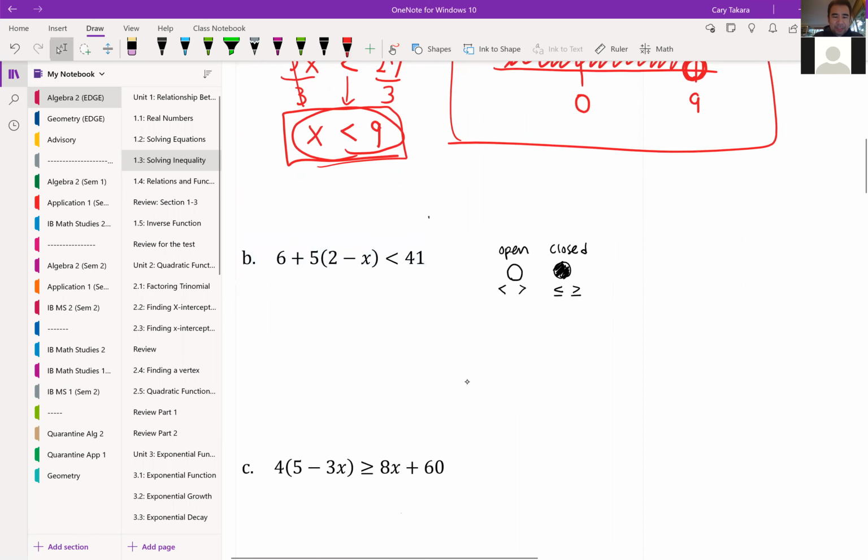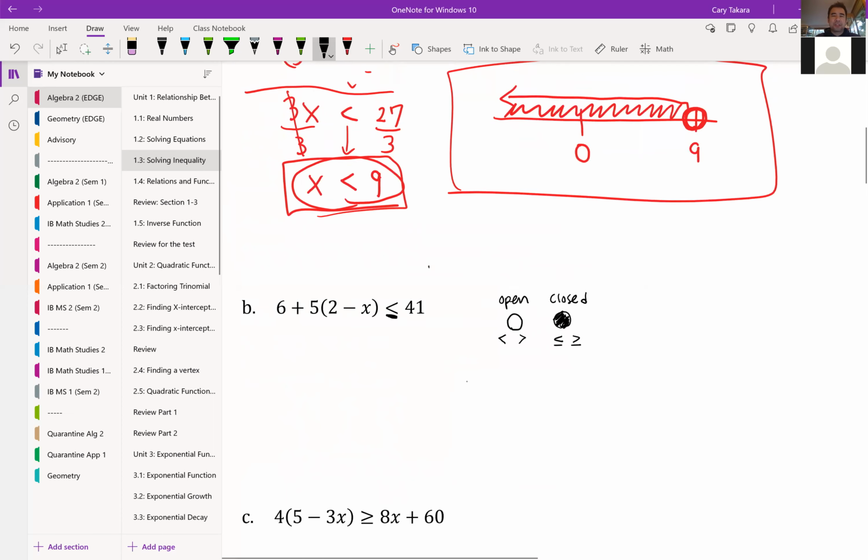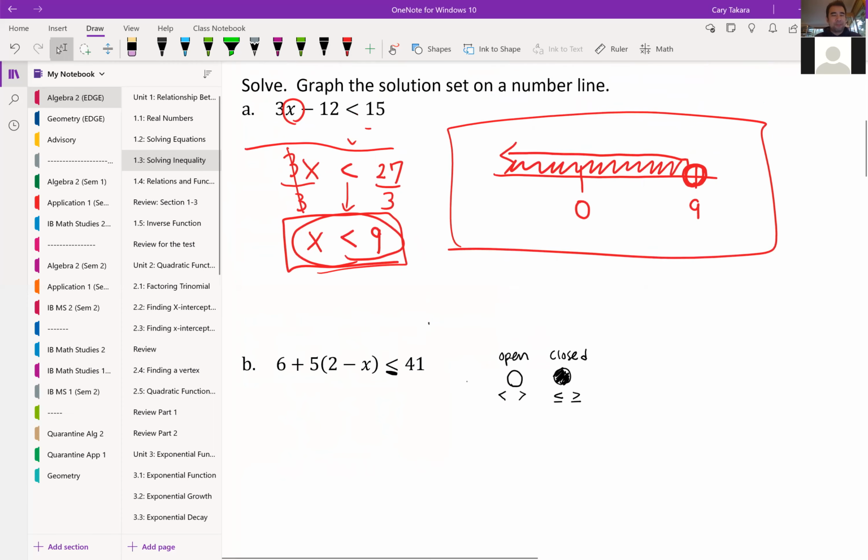Okay. Let's actually put the equal sign right here. Okay, let's do another one. B. You guys want to try this B on your own? I'll give you a minute to solve for X, okay?